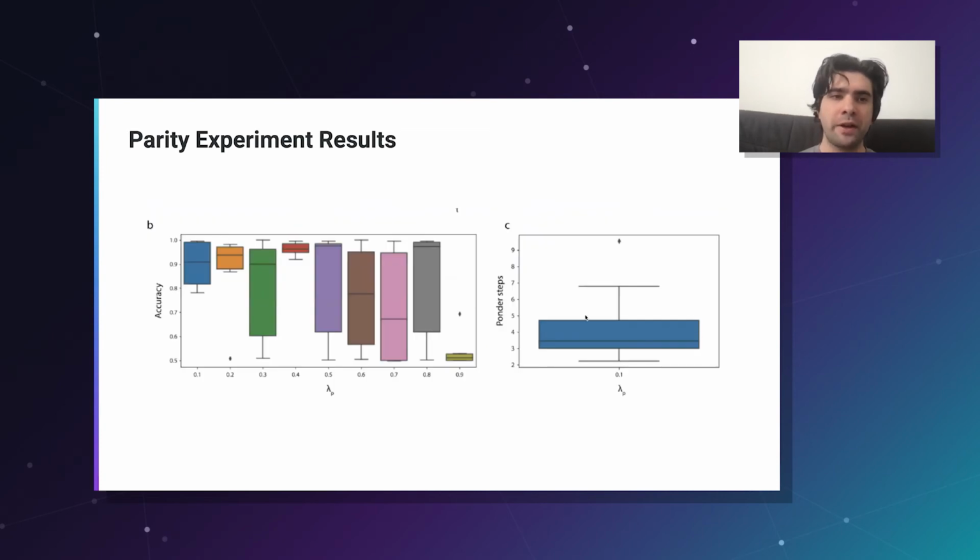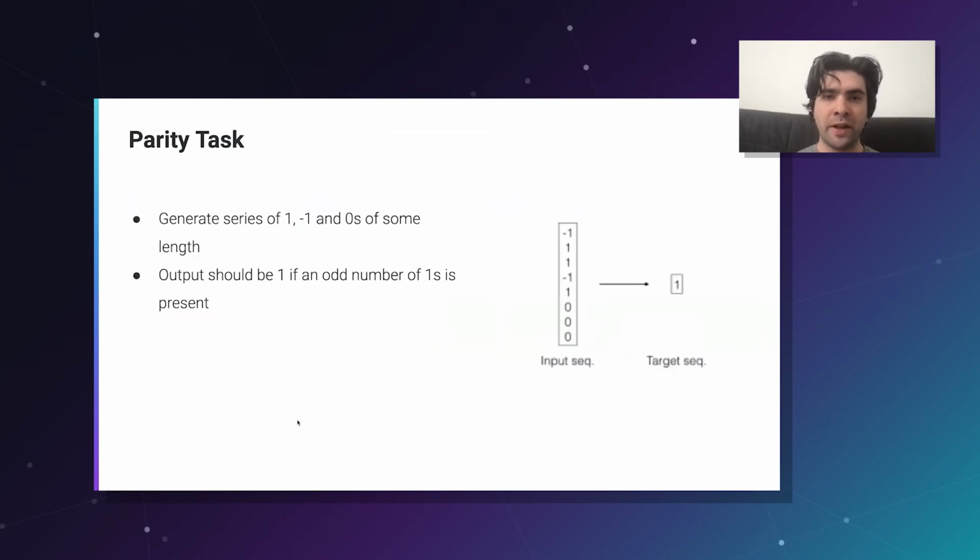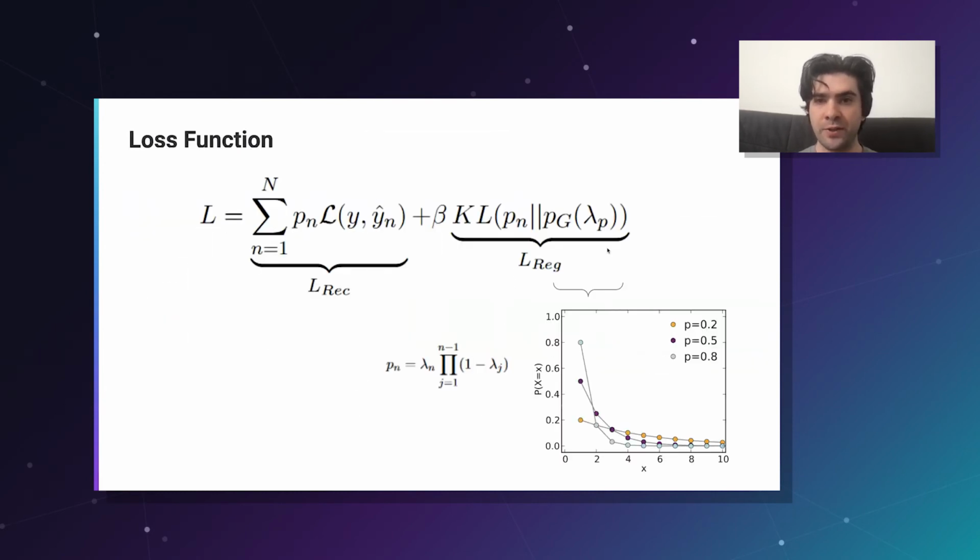They also show that PonderNet is pretty robust to your selection of lambda sub p. If you'll remember, lambda sub p is just this hyperparameter that goes into your regularization factor, which dictates how early this network should terminate.